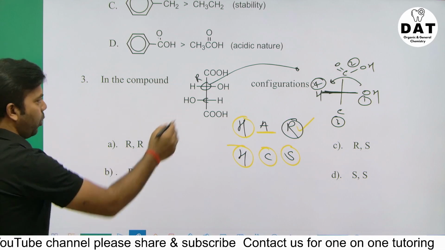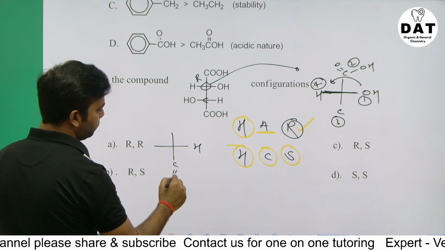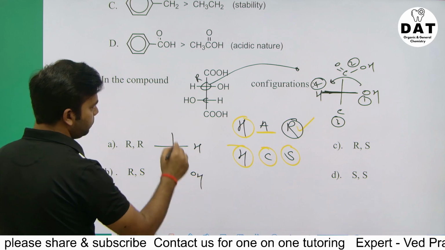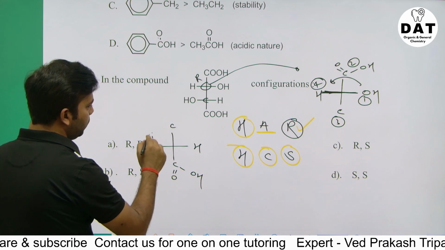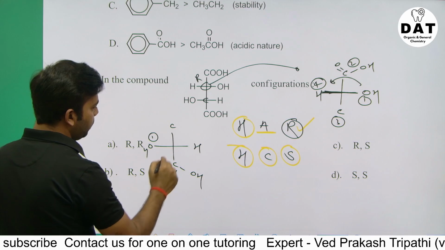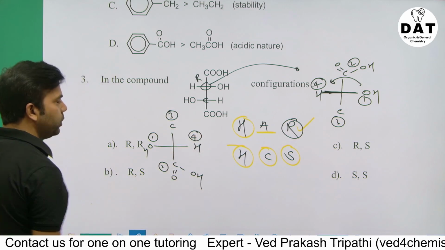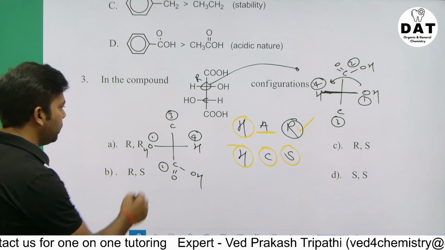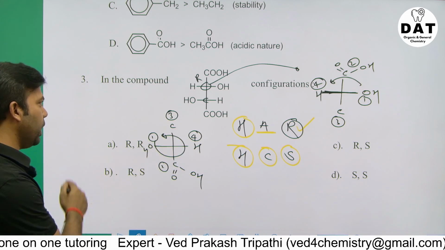Now let's check the bottom one. So this is 1, this is 2, this is 3, this is 4. Again my lowest is on the horizontal, and this time 1 to 2, again this is going anti-clock.